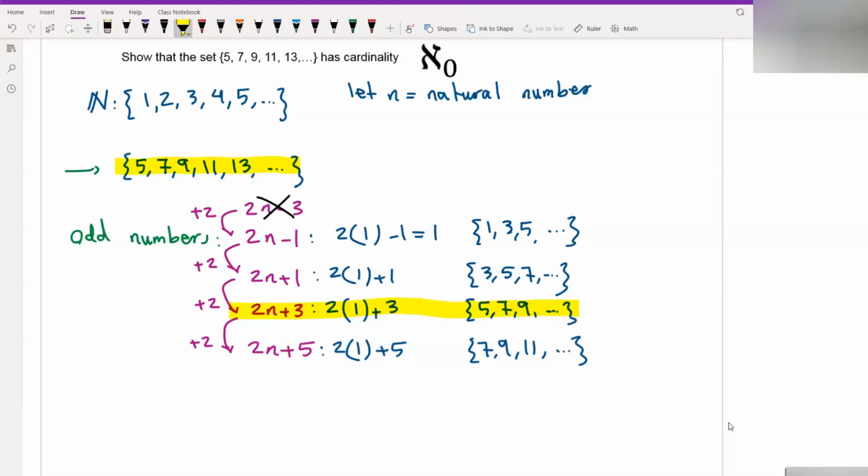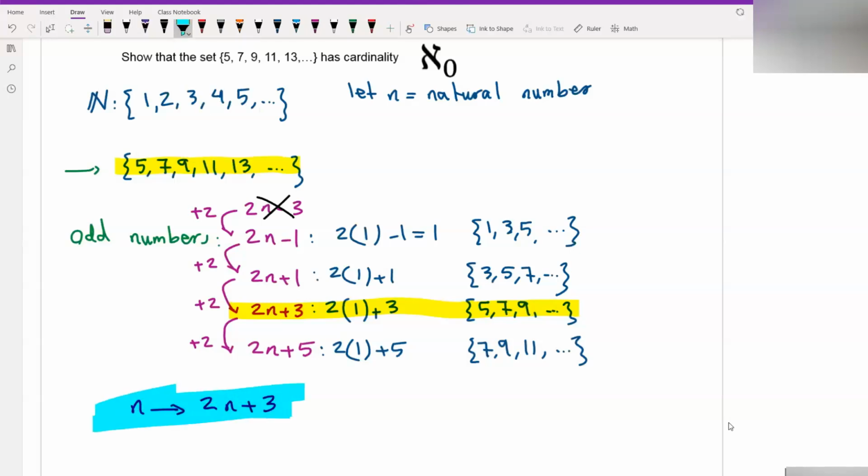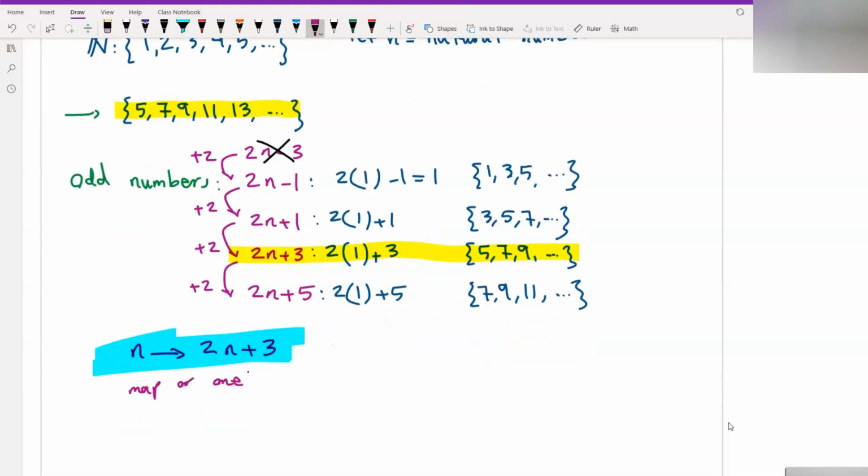So our map is n to 2n plus 3. So this is our map.